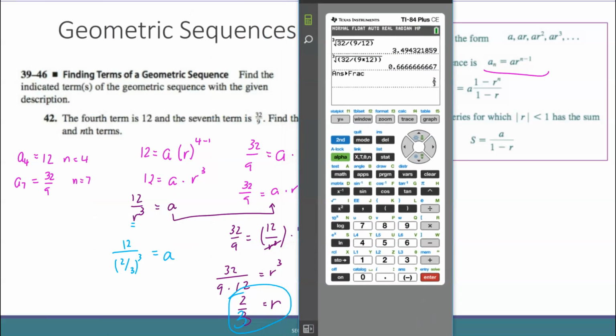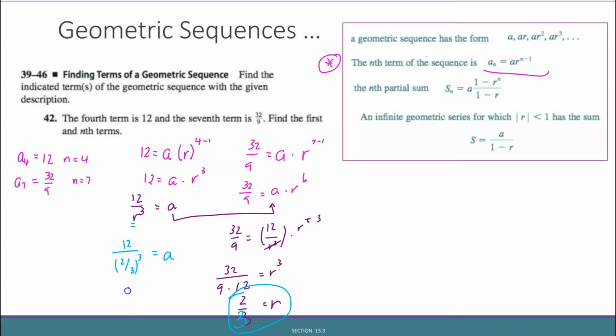We're going to take 12 and divide that by 2/3 raised to the third power. So 40.5, and if we do a quick math fraction, that would be 81/2 for our A value.